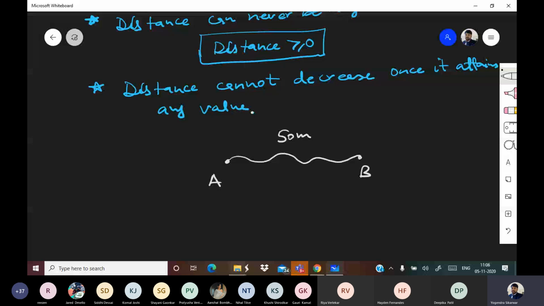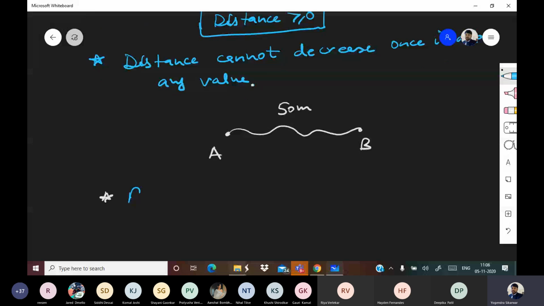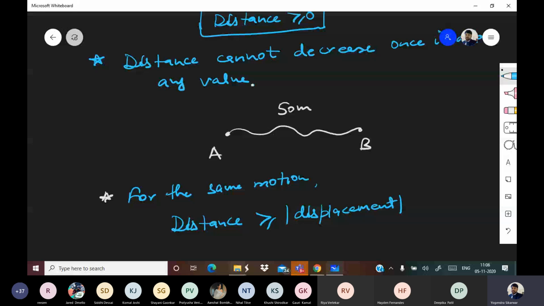Next point. For the same motion, distance is always greater than or equal to the magnitude of displacement. There are a few things we should understand in this.